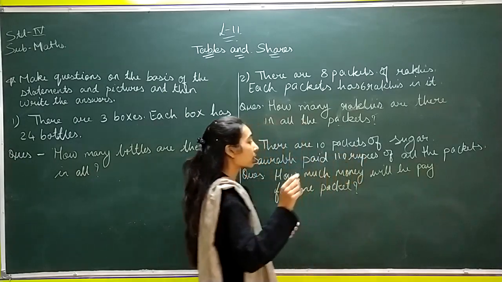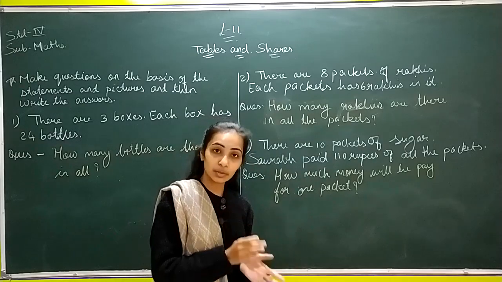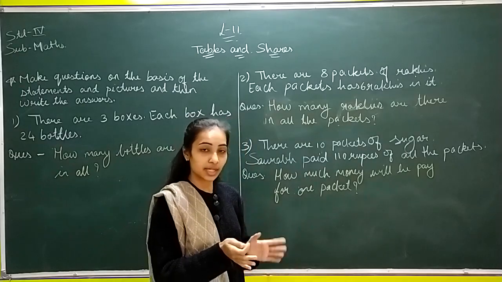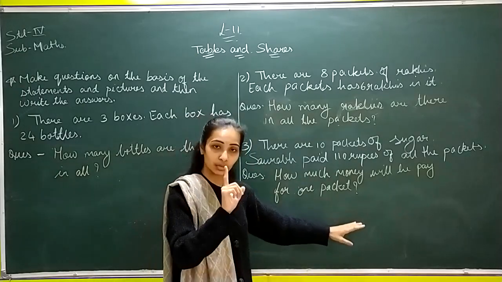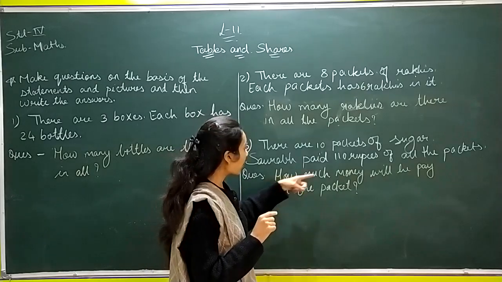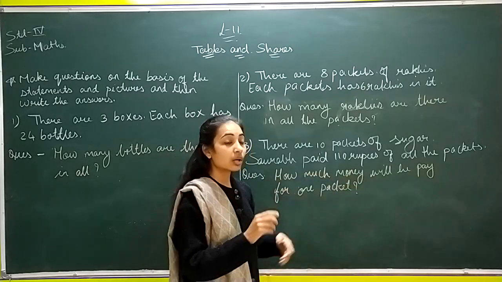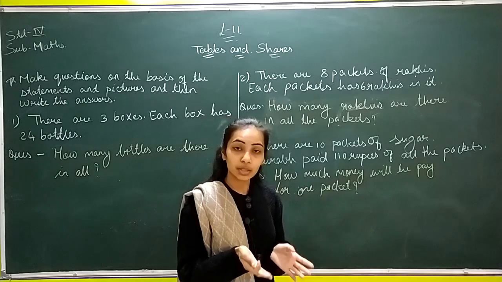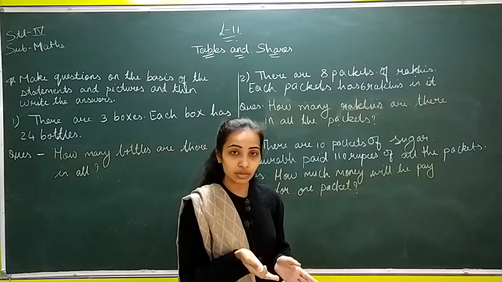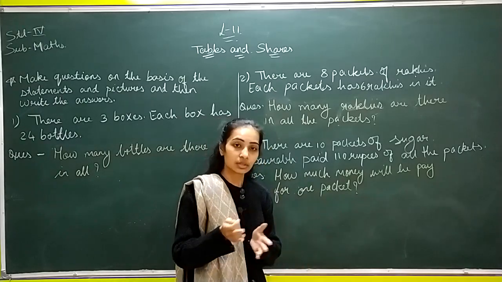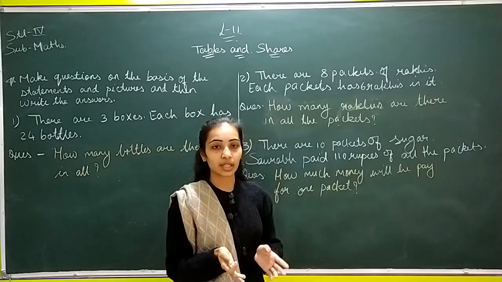Or you can also write what is the cost of one packet of sugar, right? That is also the same question of finding the price for one packet. So how much money will he pay for one packet, or what is the amount of one packet of sugar? You can write that also. So according to you, you can change your words and you can make out the questions.